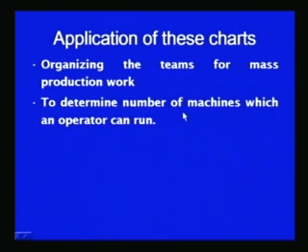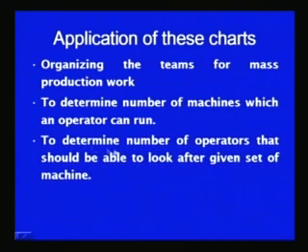In view of the capability of this chart to show the interrelationship between the different subjects under study on a common time scale, the multiple activity chart is used for different applications like organizing the team's effort for mass production, determining the number of machines which can be operated by a worker, and also determining the number of operators that should look after a given set of machines.